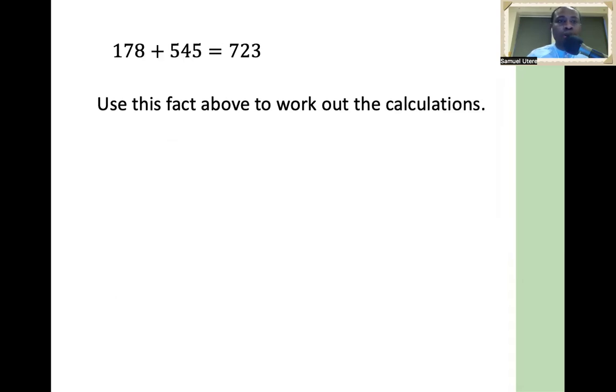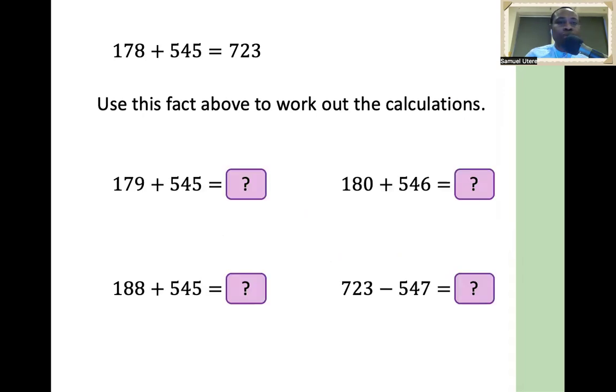What about this one? We're going to use this fact above to work out the calculations below. We're going to compare each of the numbers in the calculations to the actual known facts that we have been given. So here we have 179 add 545.